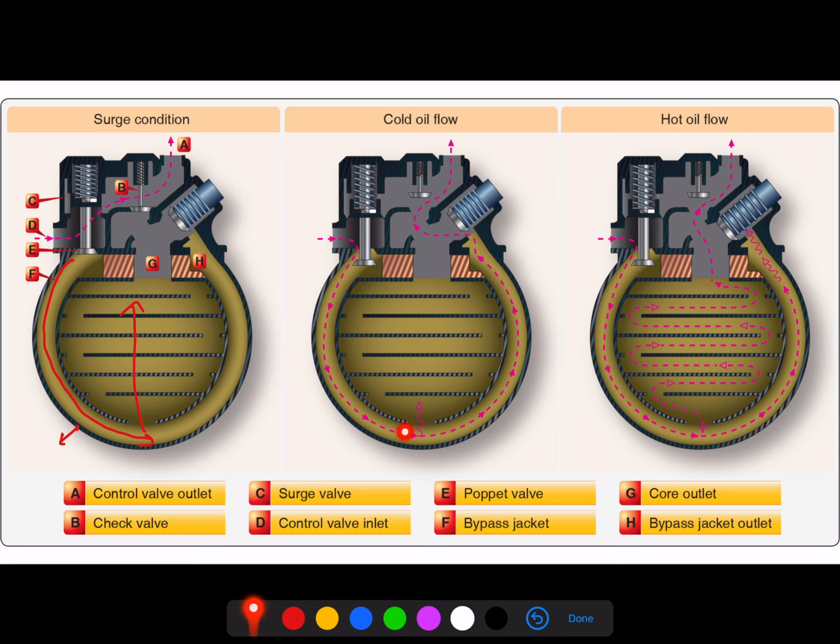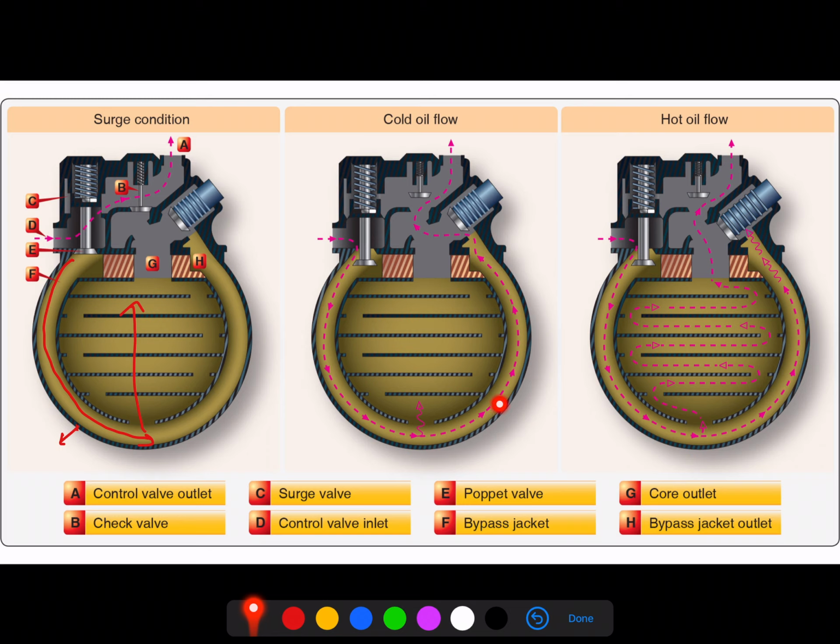You'll notice that this does not have a movable valve that closes off the core of our cooler. When we're in a cold oil flow state like this, it really doesn't cause us a problem because we've created an easier path to ground, or a path of least resistance, for this high pressure oil to flow through. So just by natural physics, it is not going to apply much pressure to the core of the cooler.